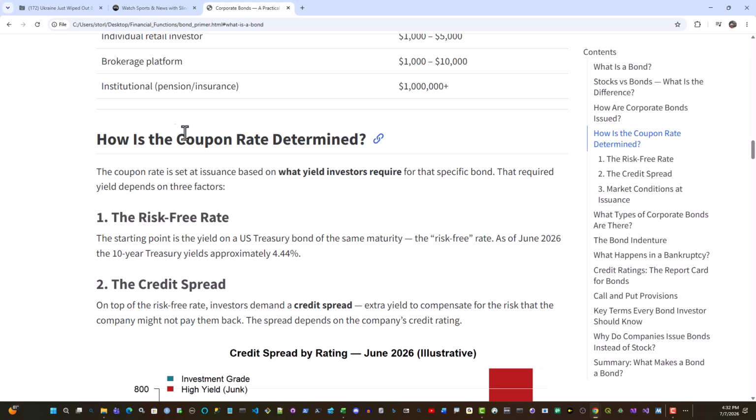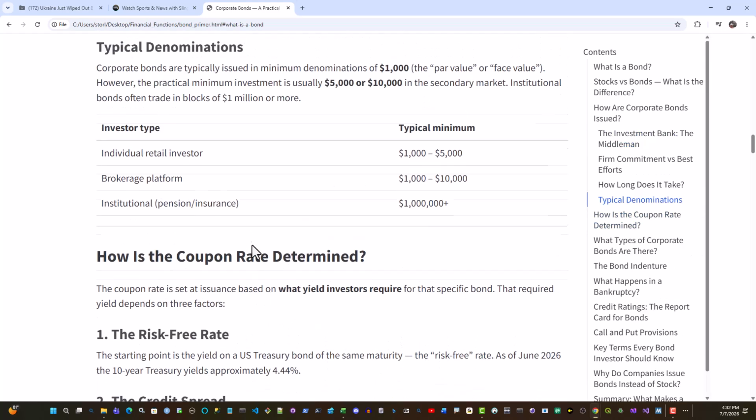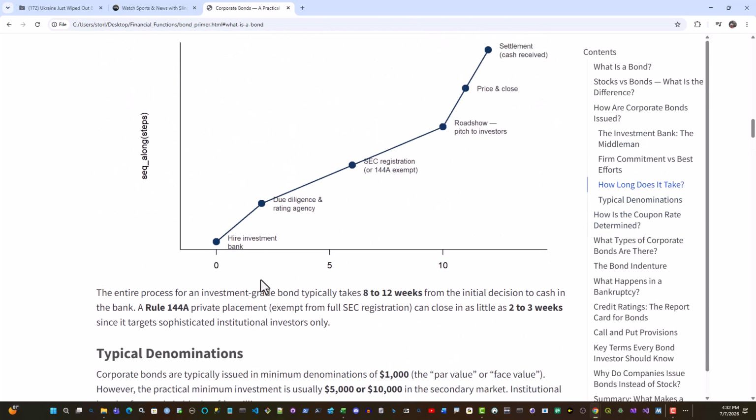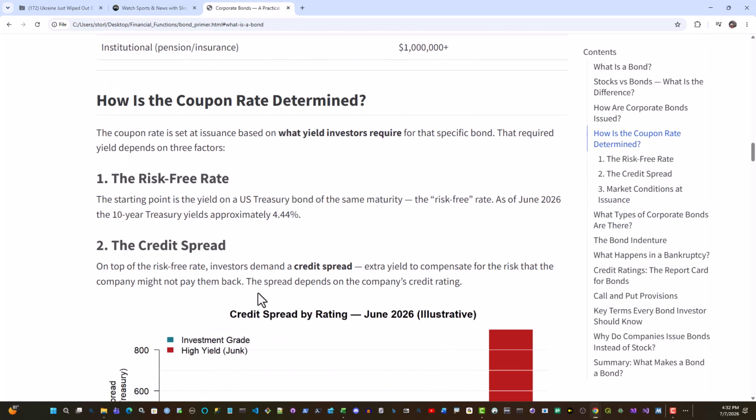So how do you determine the coupon rate? Well, typically when these investment banks are trying to price this bond, they will look for similar issues at the time that you want to issue it. And they will look at the current market rates. So, for example, there is a risk-free rate portion of the rate they determine to use.